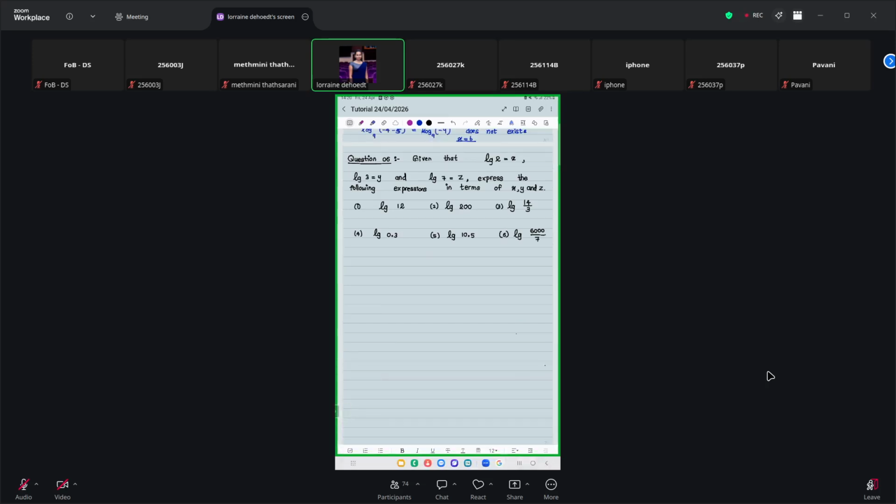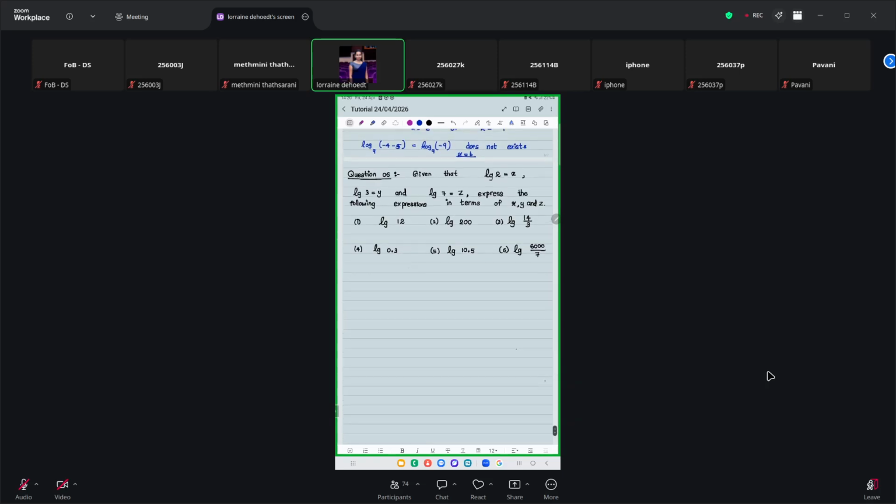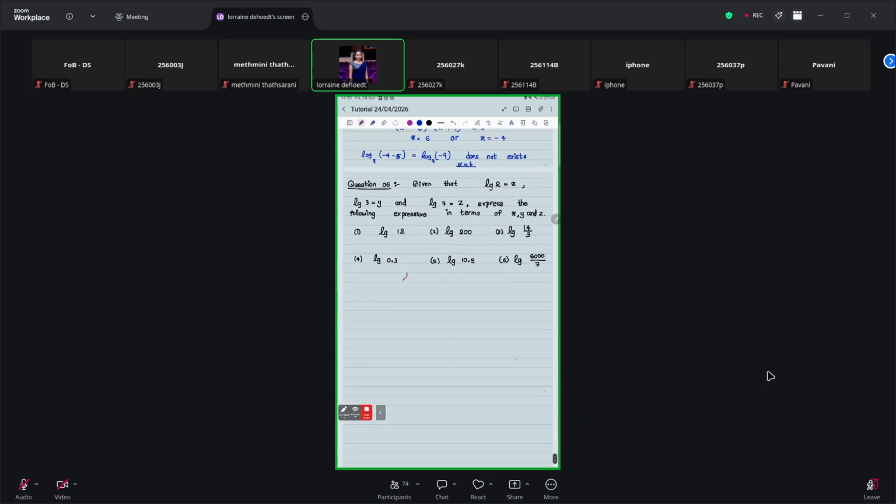They say LG means log base 10. Okay. They say x equals LG2, and y equals LG3, and z equals LG7.